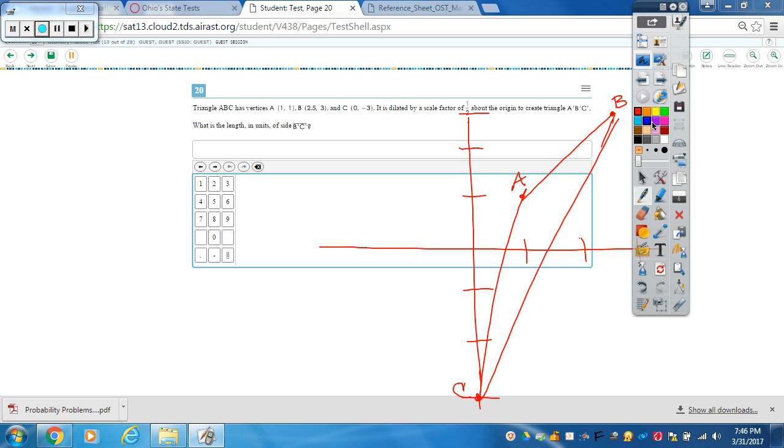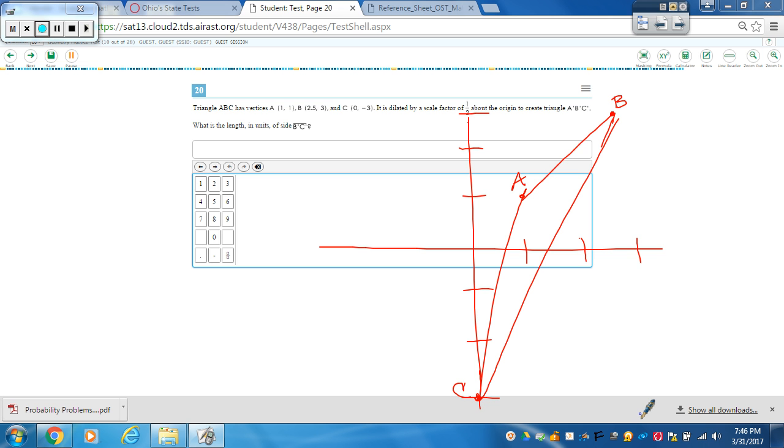Okay. And what we want to do is figure out, it is dilated by a scale factor of 1/2 about the origin. So it's really simple, and all we have to dilate actually is BC. So if I were to take the distance from B to the origin, that's up 3 and over 2.5.